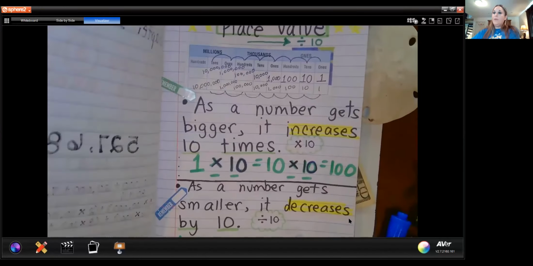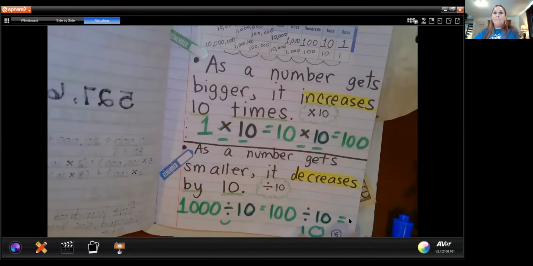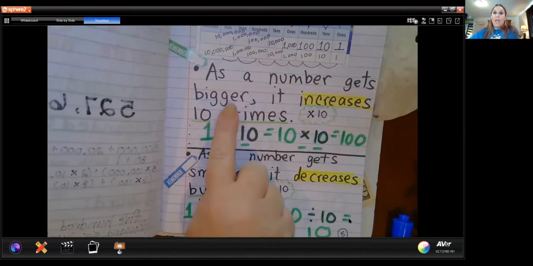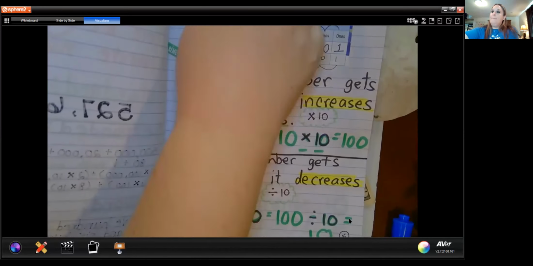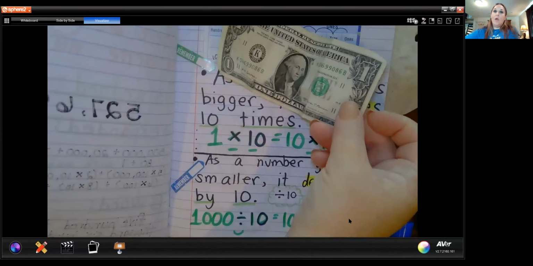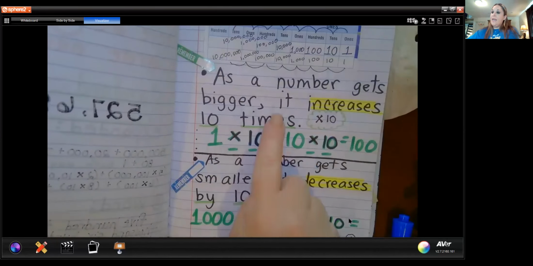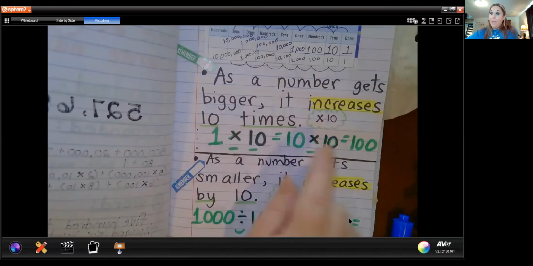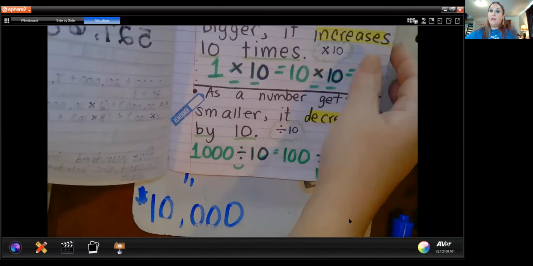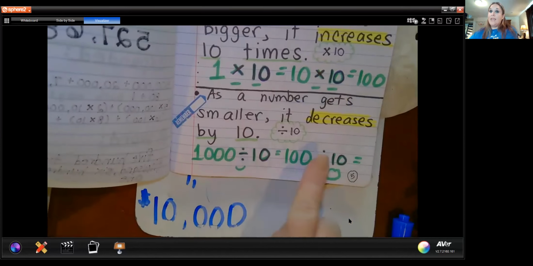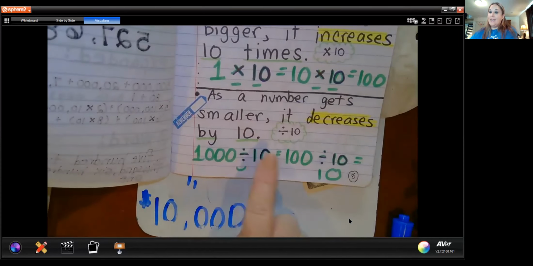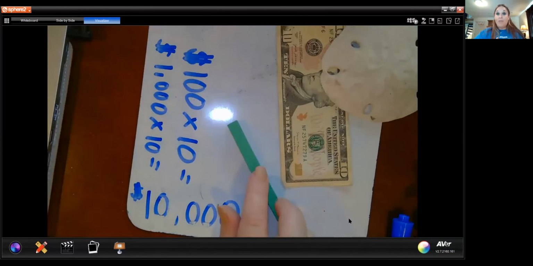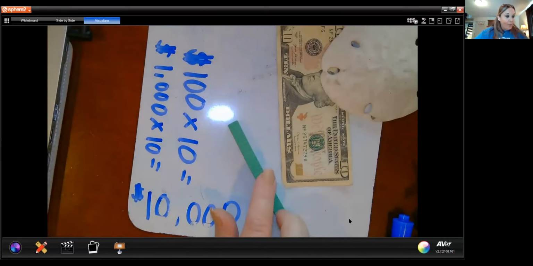So remember, what we talked about last week was, as a number gets bigger, as the number 1 increases, it increases 10 times. But the same thing happens as numbers get smaller. As a number gets smaller, it decreases by 10. And that is what I will be proving to you guys with these math manipulatives in the next video.